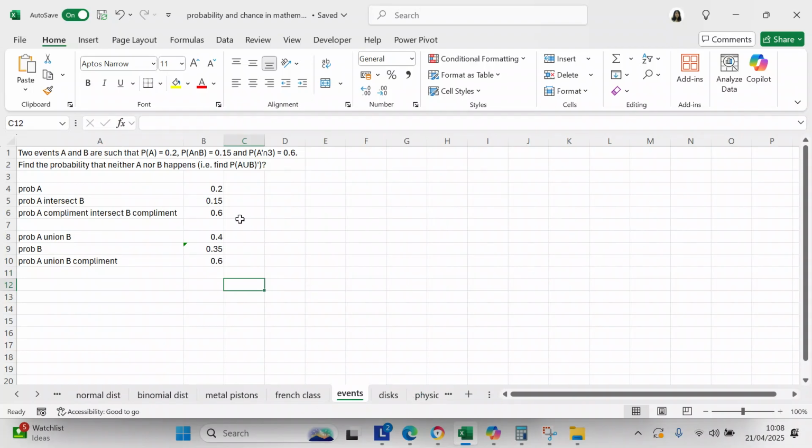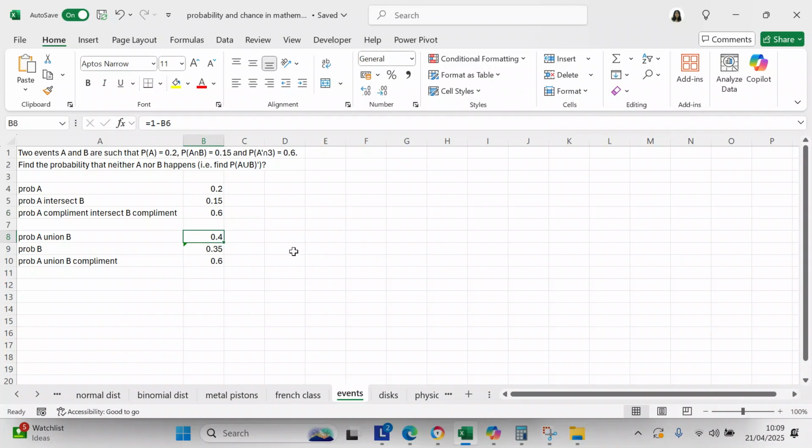So probability of A is 0.2. Probability of A intersect B equals 0.15. Probability of A complement intersect B complement is 0.6.